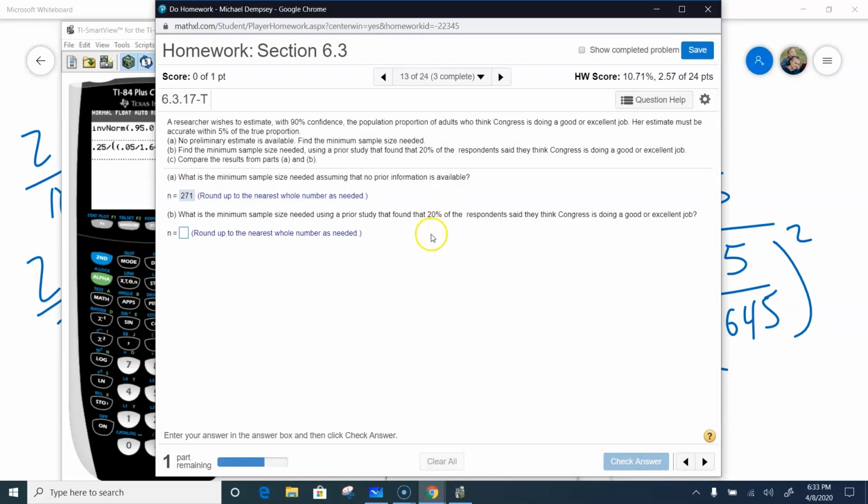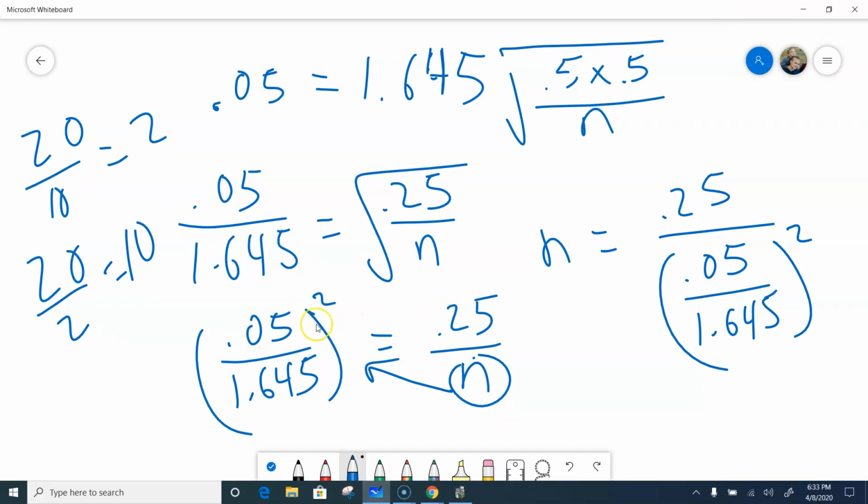Okay. Now, what happens if this is now 20%? Real simple fix. Not a lot changes in what we just did, except for this initial step here. Instead of this being 0.5 times 0.5, this is going to be 0.2 times 0.8, which is 0.16. So all the way through, that will follow me.